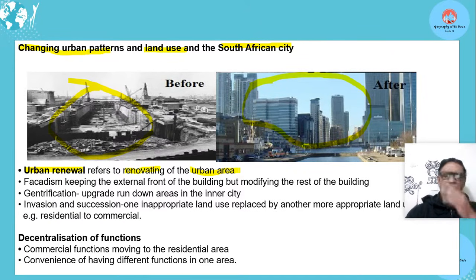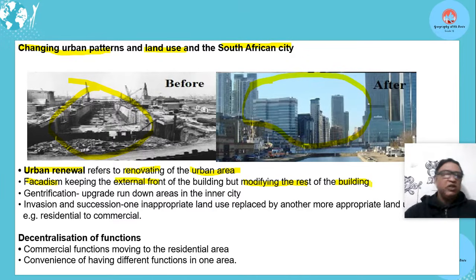Now, we have various things. All right. This is facadism. Here, what happens is certain buildings have a lovely historical outside. You understand? They have lovely architecture. All right. So, what happens? You keep the external front, but you modify the rest of the building. So, you look at this lovely historic front, which was built years ago.